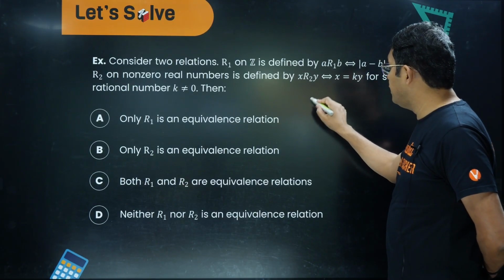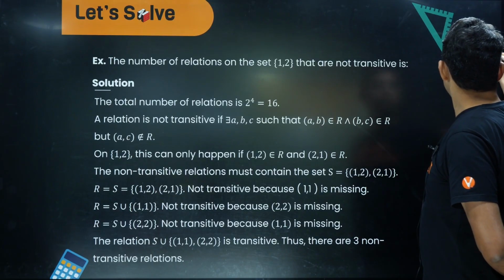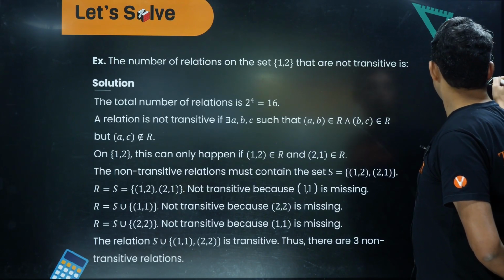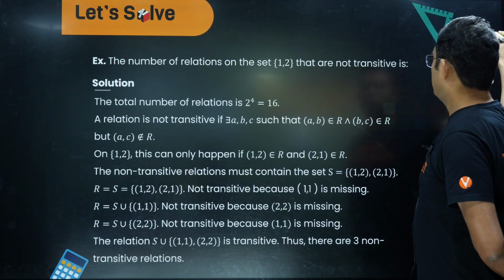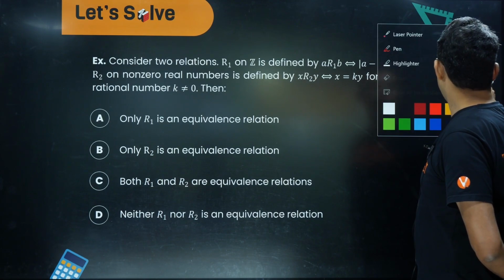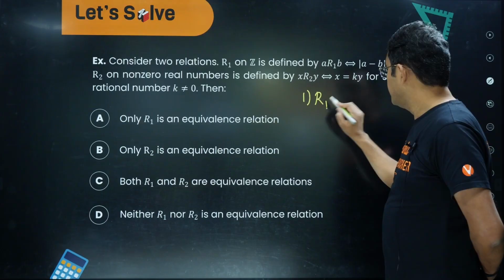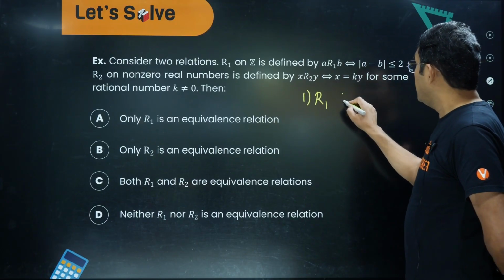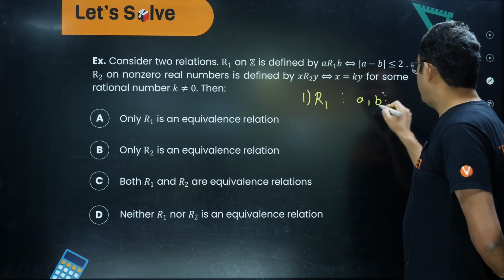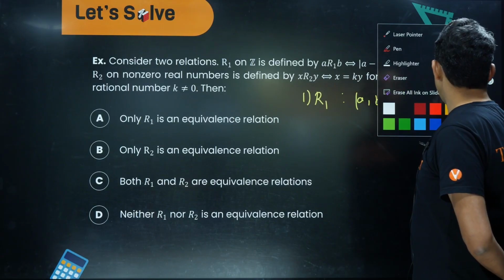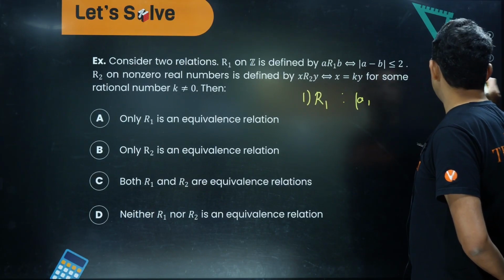If I talk about R1 first, in this case you can see all (a, a) will be related. Why will (a, a) be related?